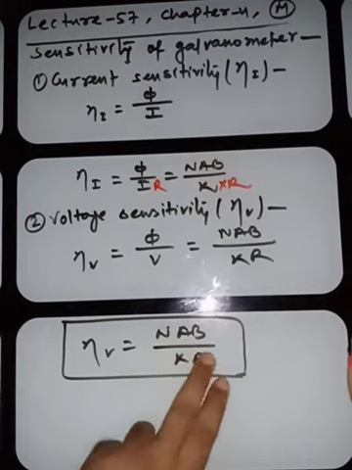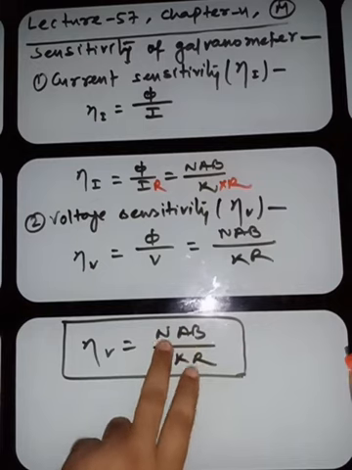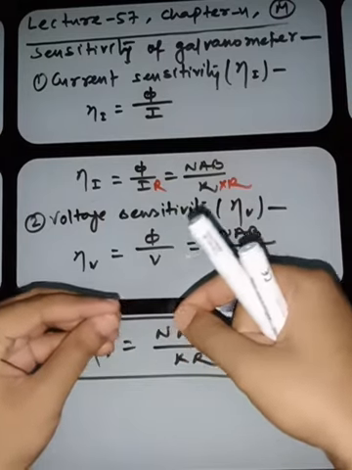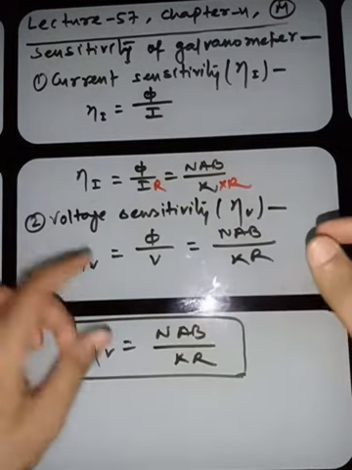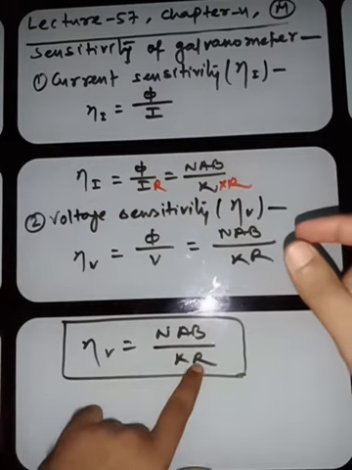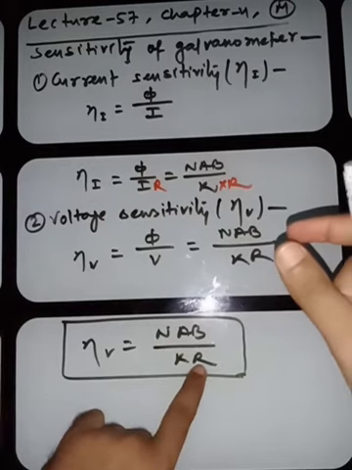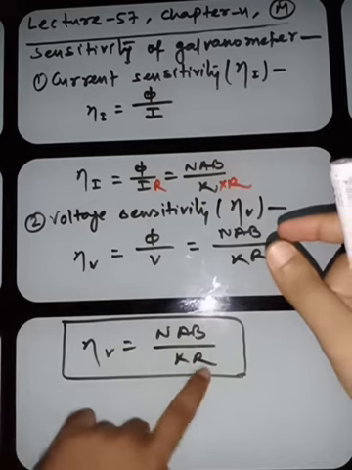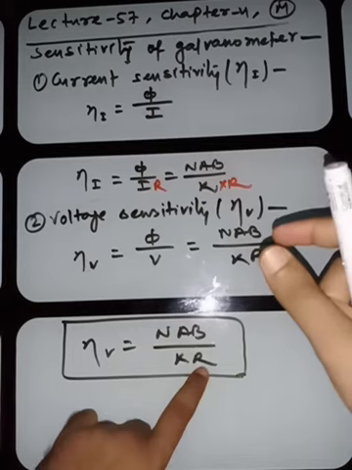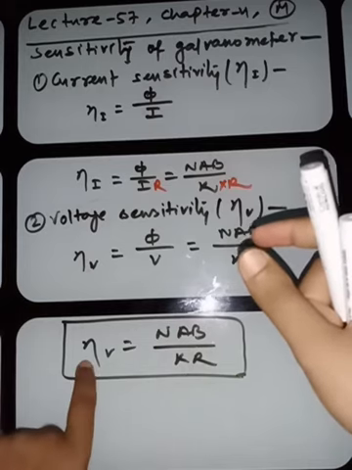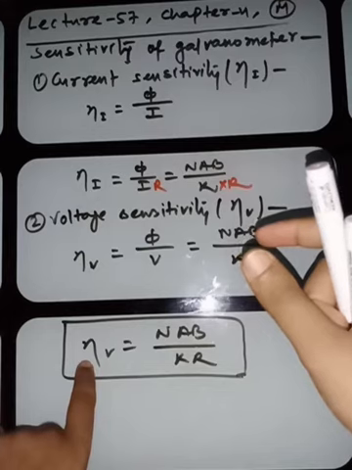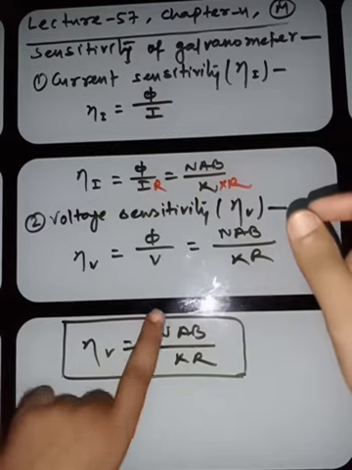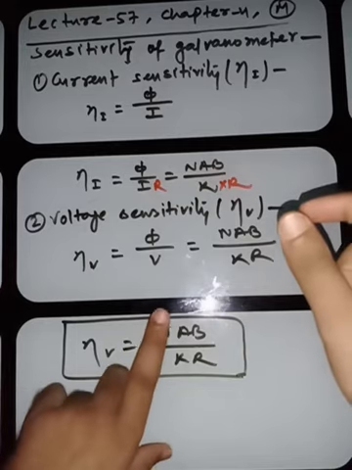As you increase the number of turns, you are increasing the length, and if you increase the length, you are increasing the resistance also, as we know that resistance is directly proportional to length. So this resistance will linearly increase, and so there will be no effect on eta V, the voltage sensitivity. Remember, by increasing the number of turns, you cannot increase the voltage sensitivity.